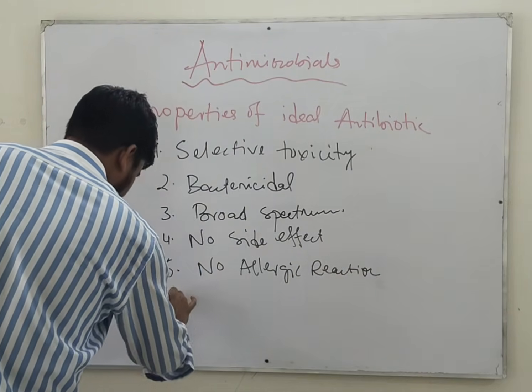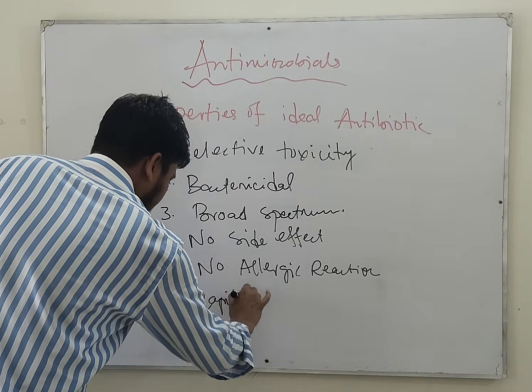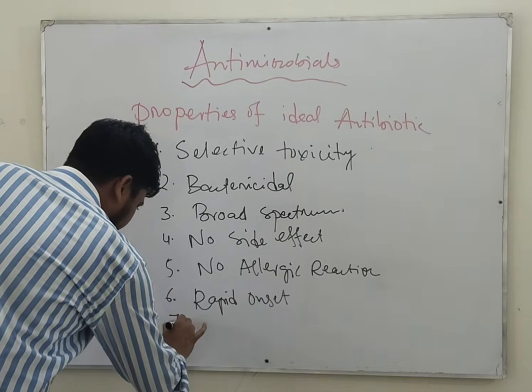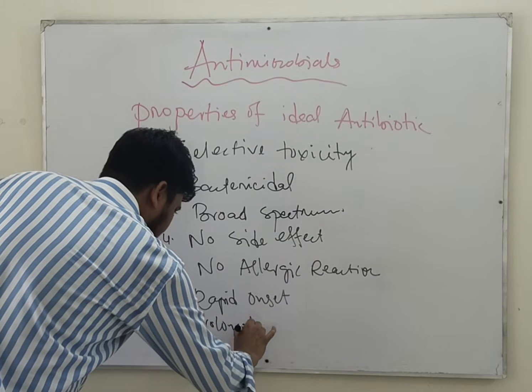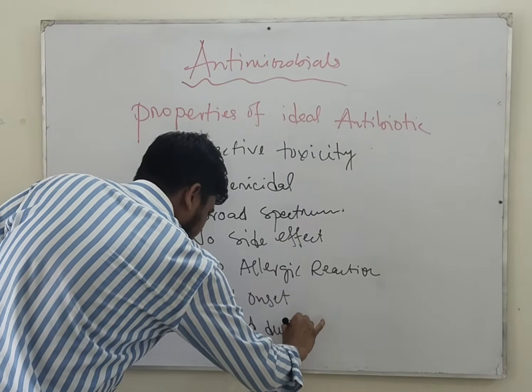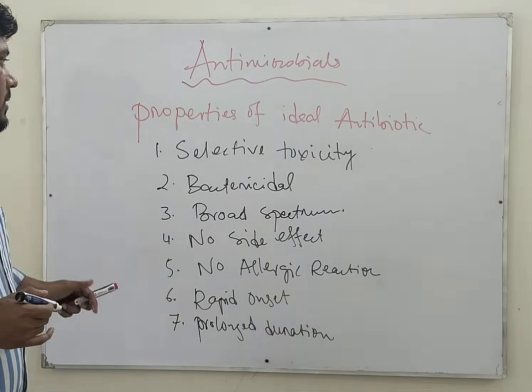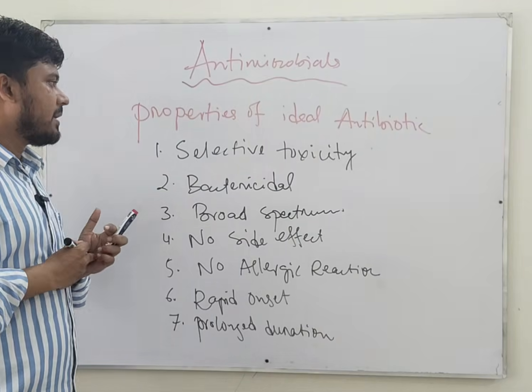Number 6, rapid onset of action. Number 7, prolonged duration of action. So these are important properties of an ideal antibiotic.